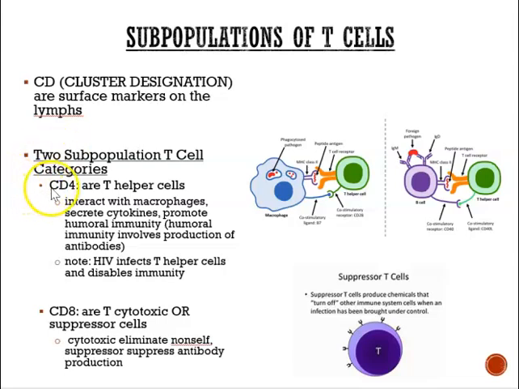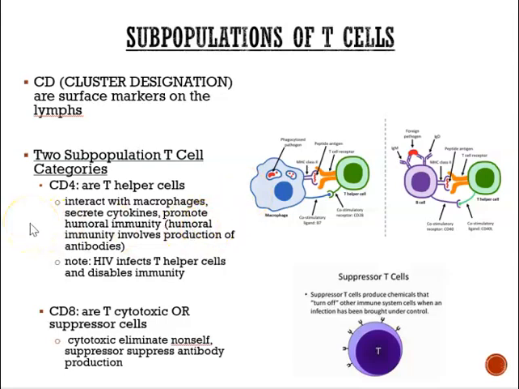So anytime you see the CD, it's referring to cluster designations, and it's how these subpopulations of cells are named because of the markers on their surface. The first subpopulation is CD4, and these are helper cells. And that's what these couple of images up here are showing.